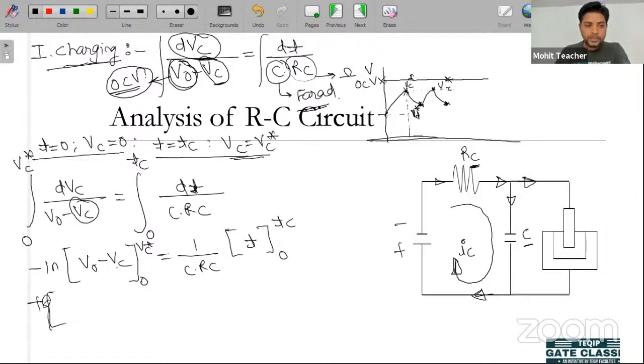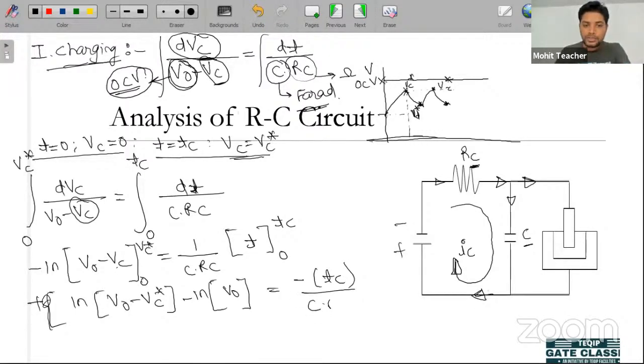So this will be equal to ln. First, when we are keeping this VC star, so this will be ln V naught minus VC star, minus ln V naught minus 0. So it will be ln V naught, minus this is TC minus 0. So can I write TC upon CRC. Fine. ln A minus ln B, we can write that as ln A by B, in the formula.